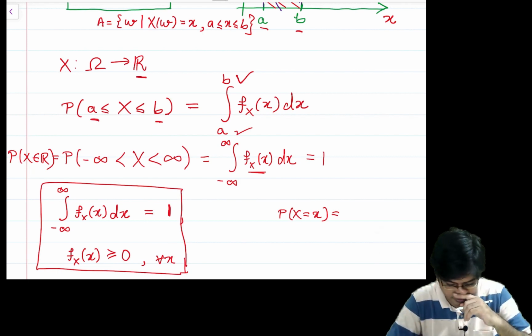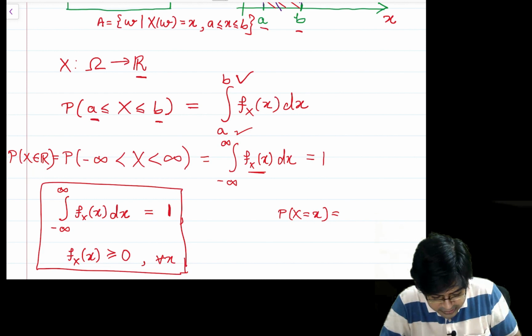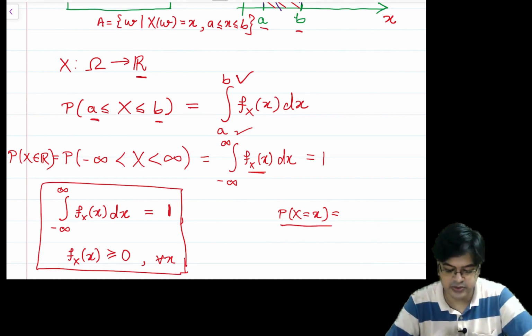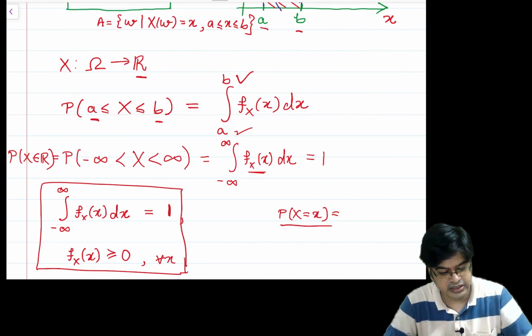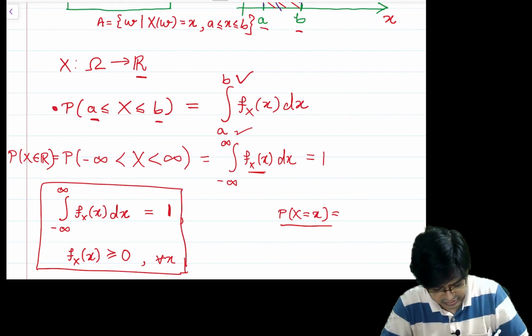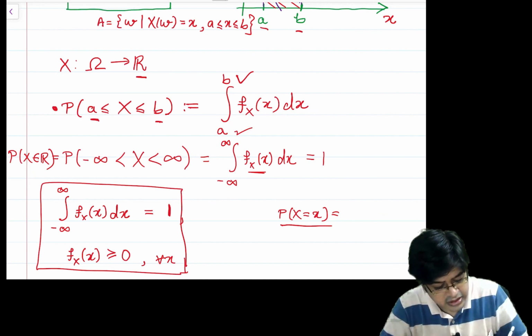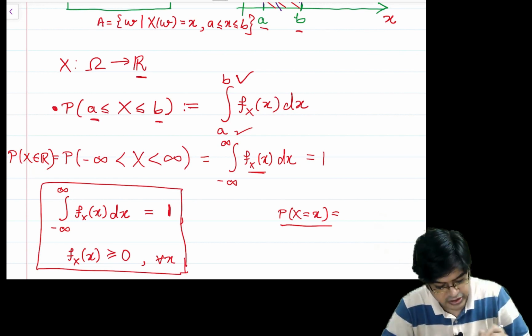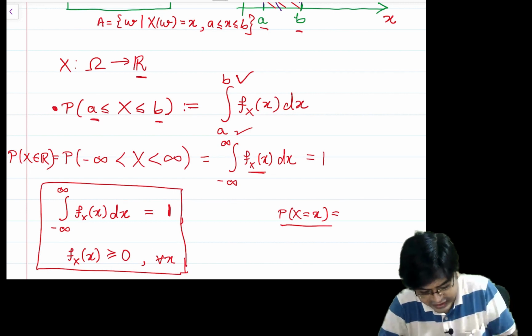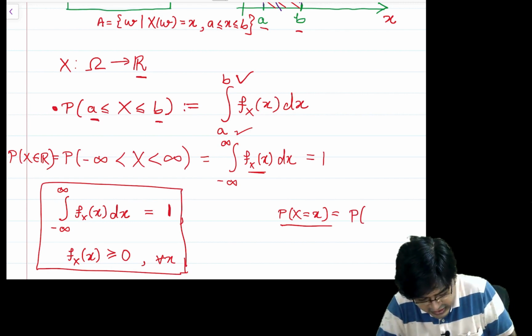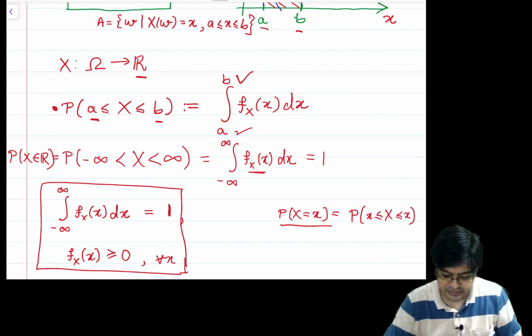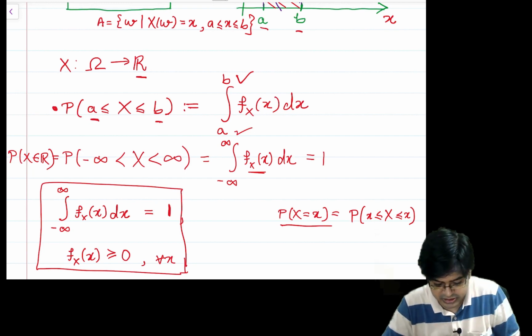But the interesting property is, what is the probability that X is equal to x? Okay. So let us go by this definition. This is our definition. Let us say I have defined it this way. Then if I am asking what is the probability of X equal to x, I can rewrite this as the probability that small x is less than or equal to capital X is less than or equal to small x. What is the probability of this event?